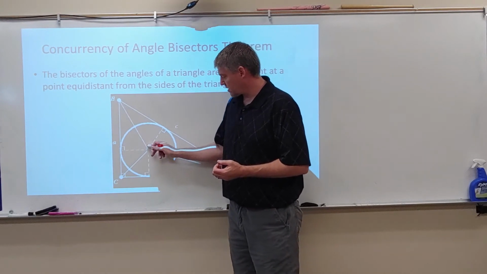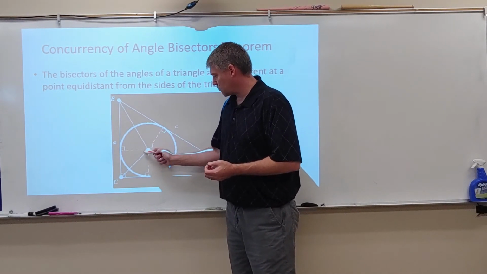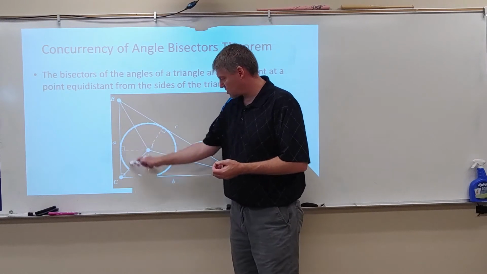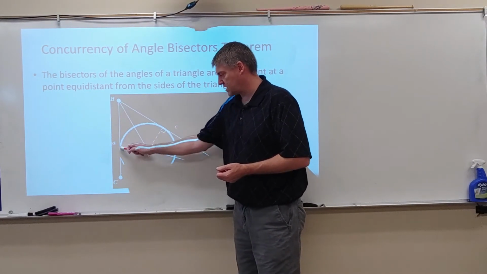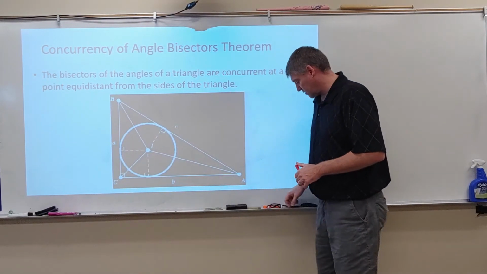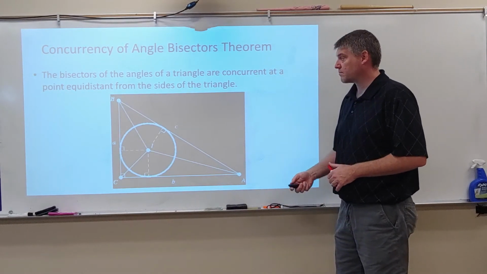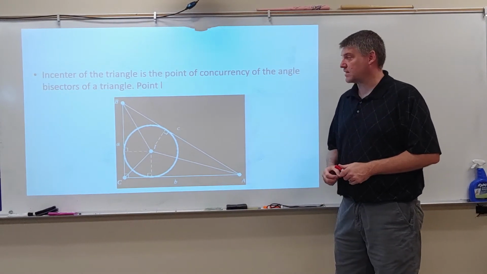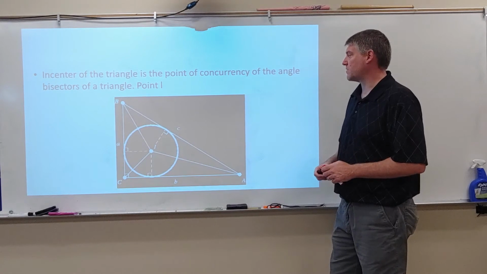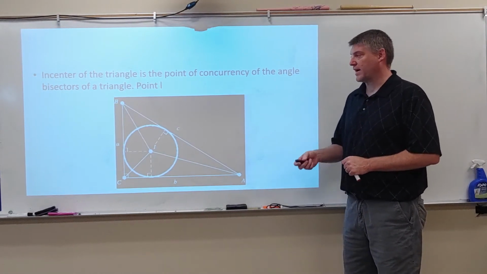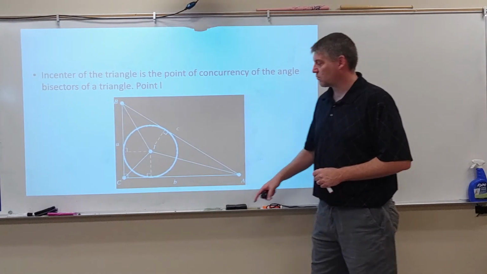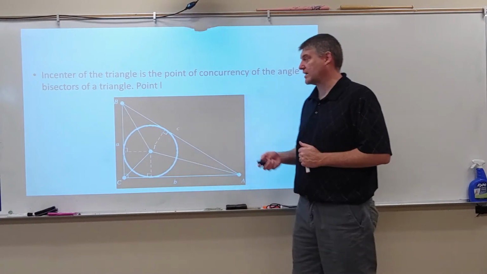This point, I, is the center of the inside circle, and it is equidistant from each side of the triangle. That is called the incenter. The incenter of a triangle is the point of concurrency of the angle bisectors of a triangle, point I.